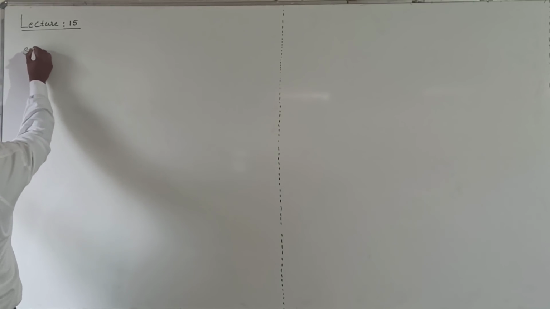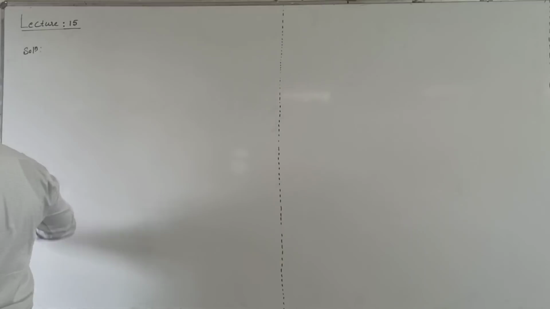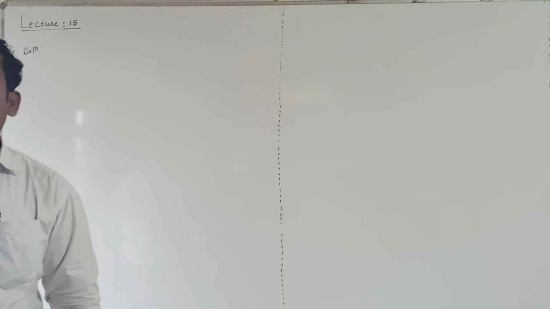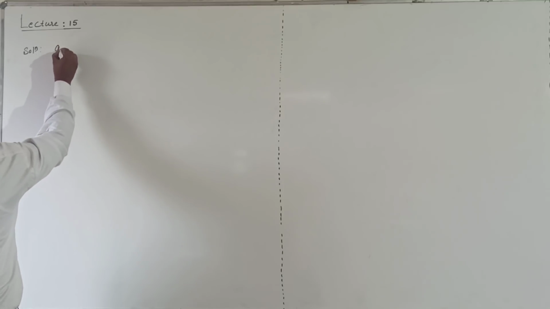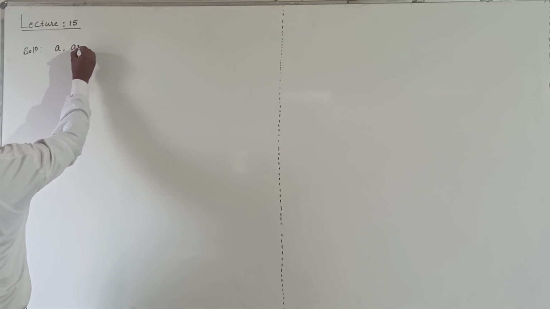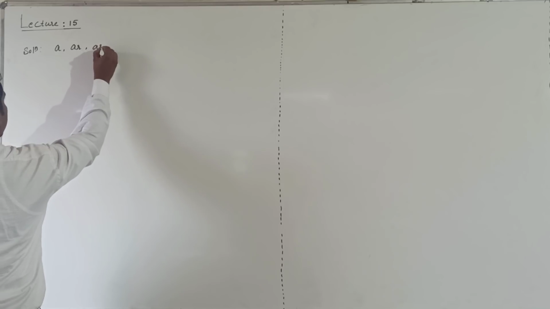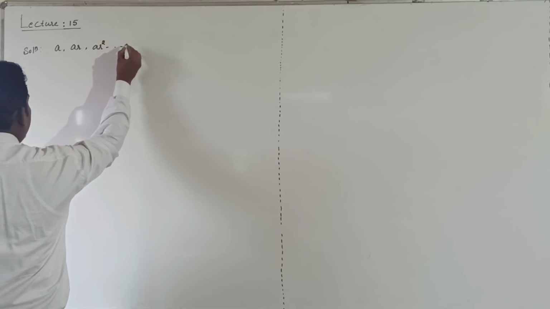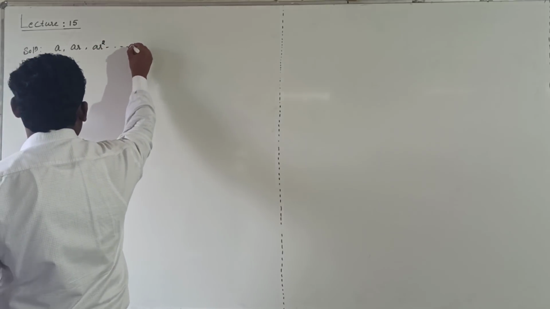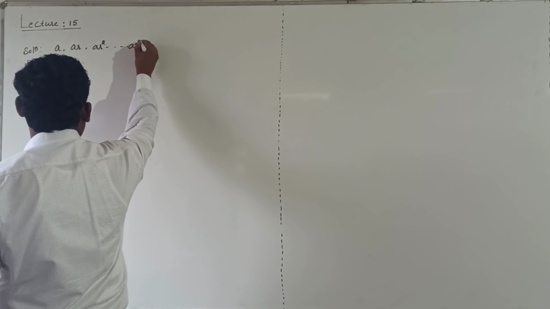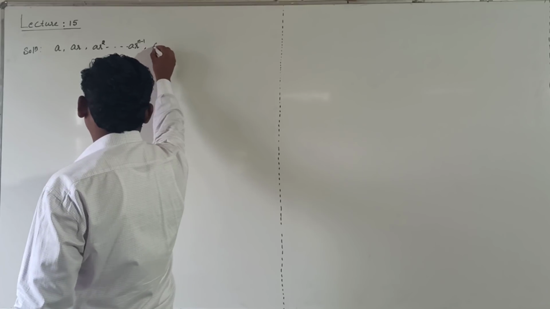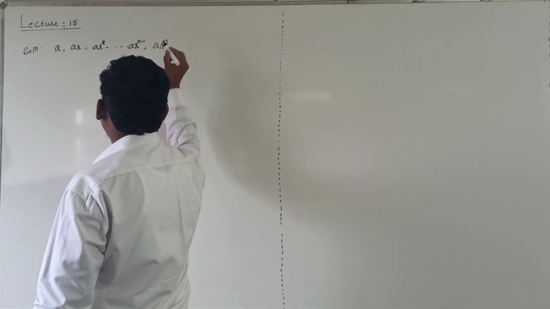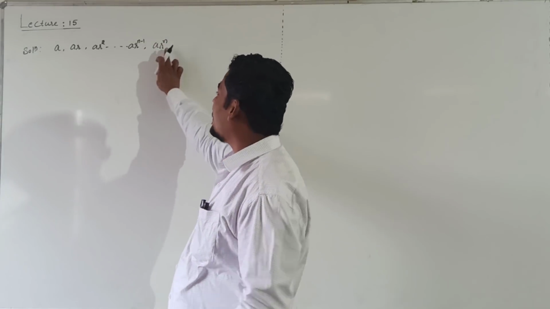Solution. We have 2n number of terms. Just see, a, ar, ar square and so on. What is the nth term? ar power n minus 1. What is its next term? ar power n, it is the n plus 1th term.